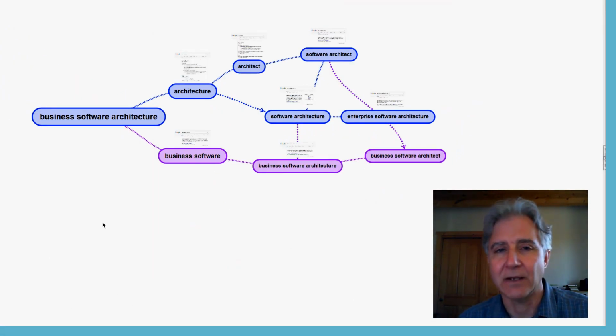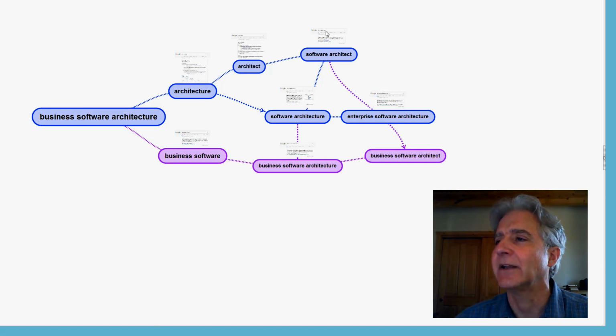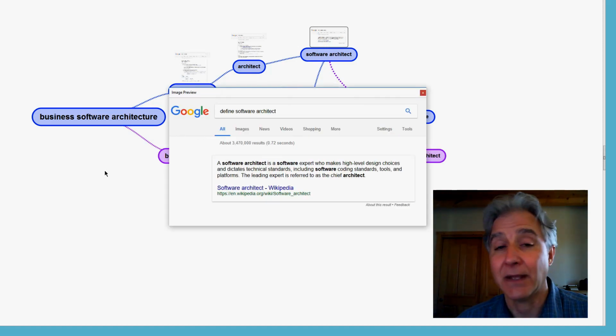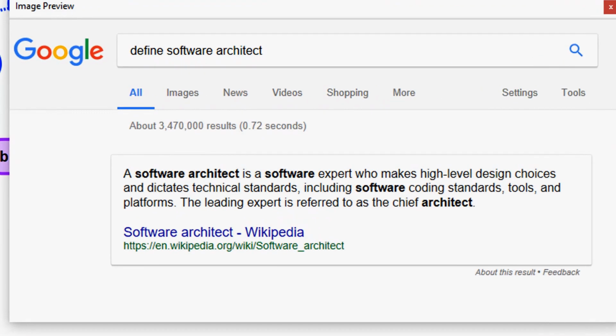Now, while I was here, I decided I would do a little bit more poking around on some of these definitions. I couldn't resist. So I Googled define software architect, and I got back this definition. A software architect is a software expert who makes high-level design choices and dictates technical standards, including software coding standards, tools, and platforms. The leading expert is referred to as the chief architect.